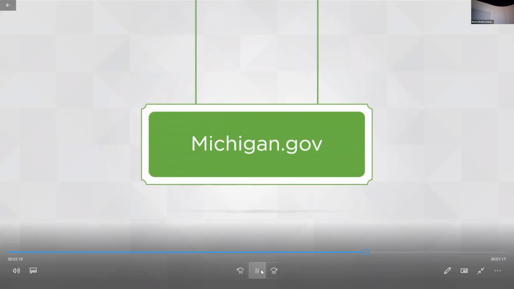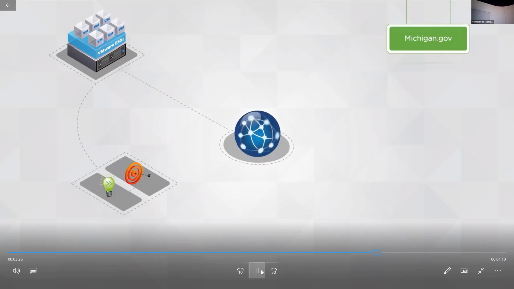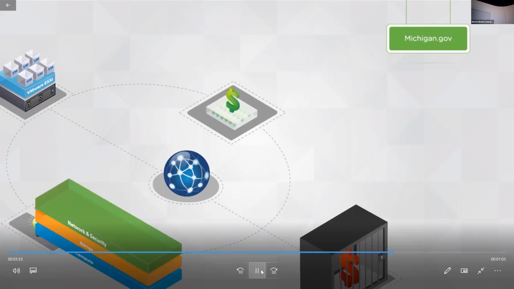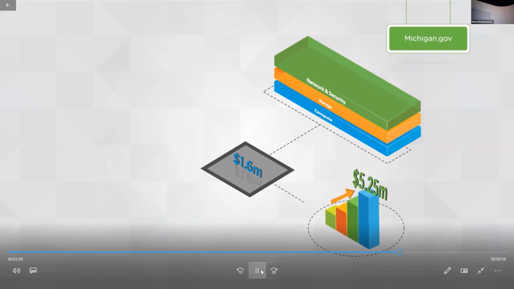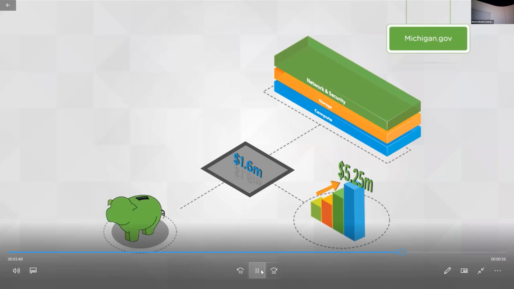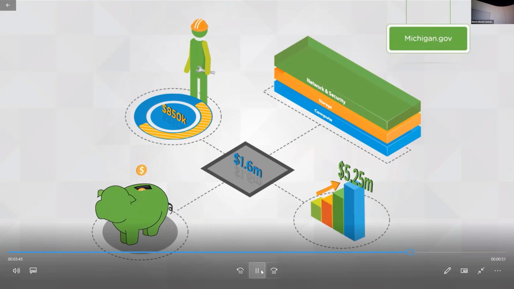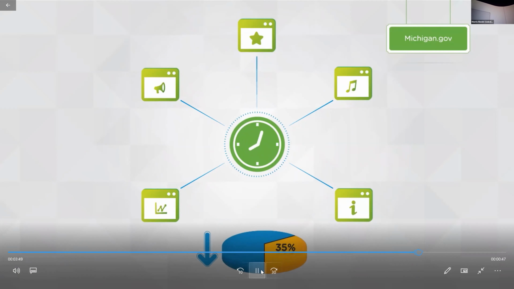With their virtualized data center, the state of Michigan was able to achieve their objective of agility in delivering solutions, improving communications across business units, and reducing costs, an important factor for a financially strapped state budget. With virtualization, an investment of $1.6 million yielded $5.25 million in CapEx savings and over $850,000 in labor cost savings, while the time to deploy new applications into production was reduced by approximately 35%.